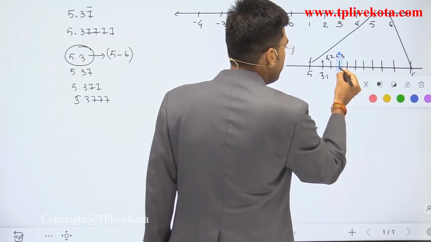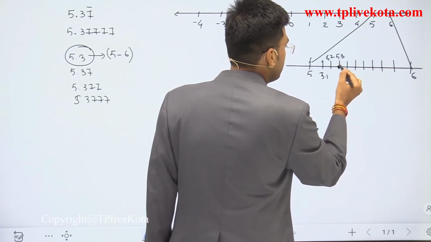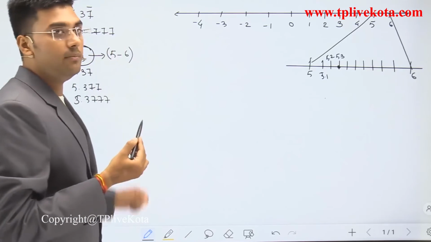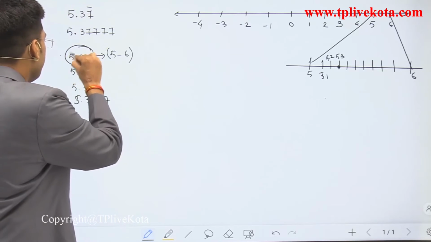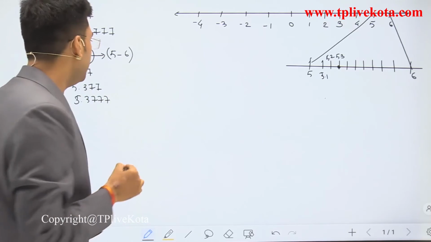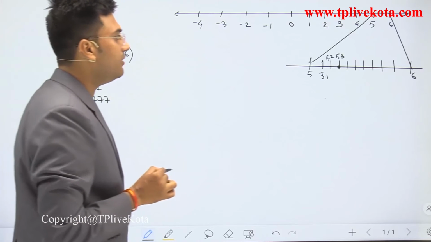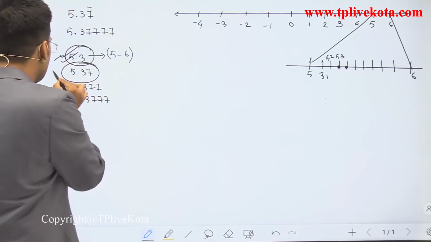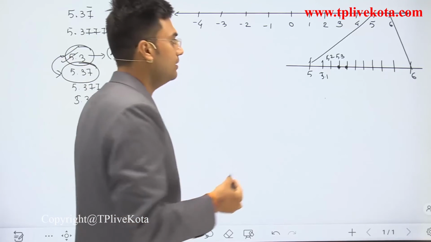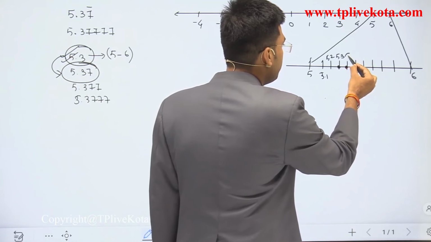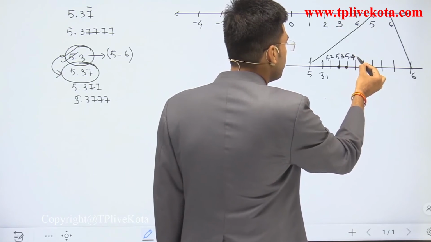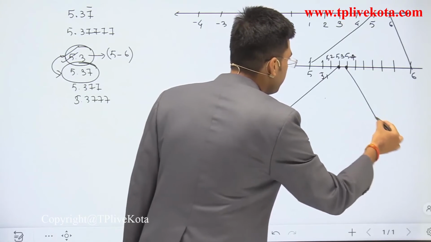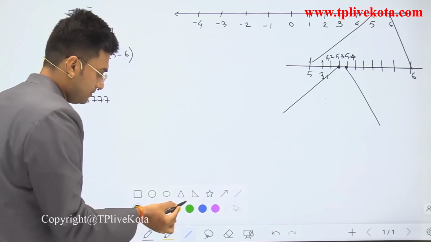So it is 5.3. Clear? We require to represent 5.37 bar up to 4 decimals. 5.37 lies between 5.3 and 5.4. So let's divide 5.3 and 5.4 into 10 equal parts.